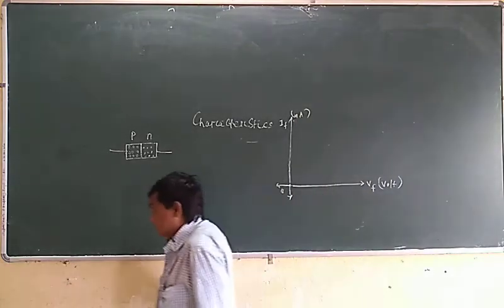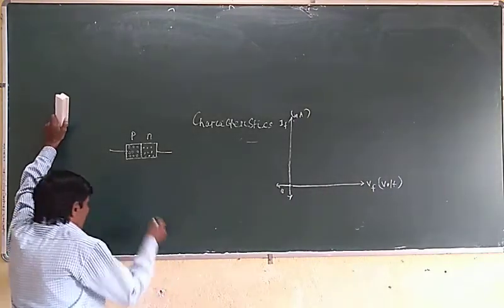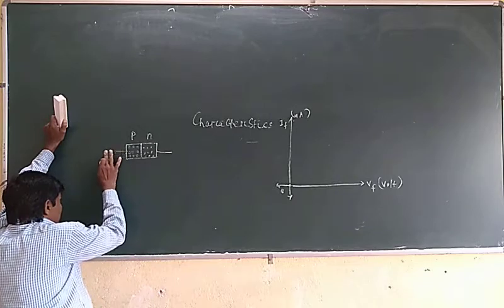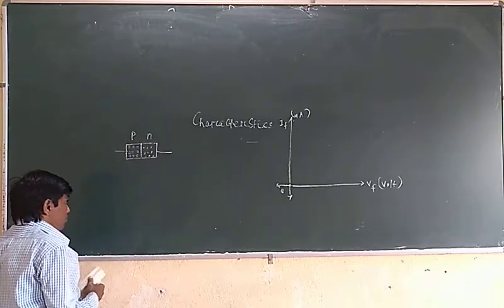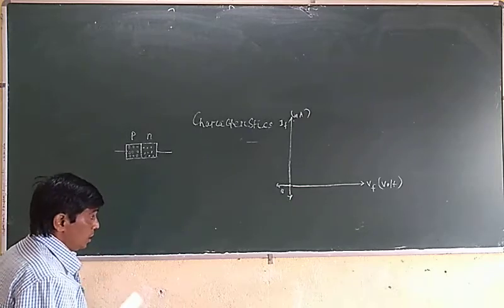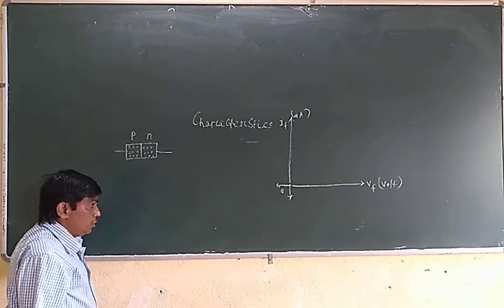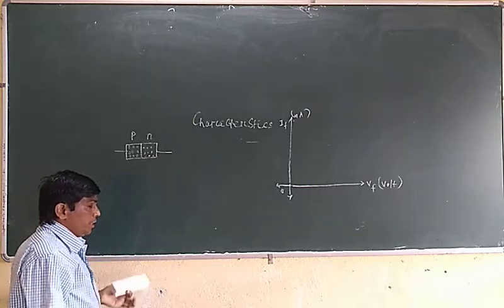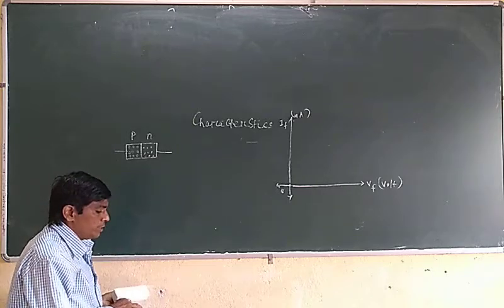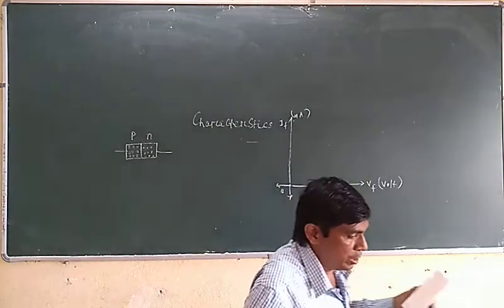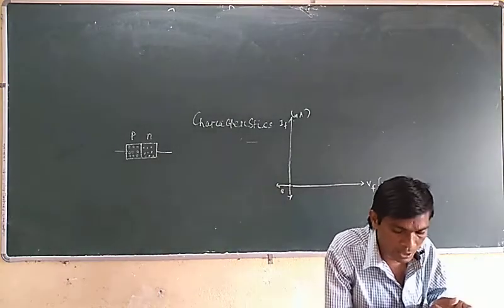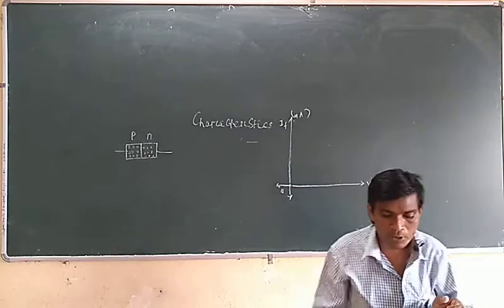Then we connect a voltage or a battery to this PN junction. Now we apply the battery source in two different ways, because previously we studied biasing, forward biasing and reverse biasing.